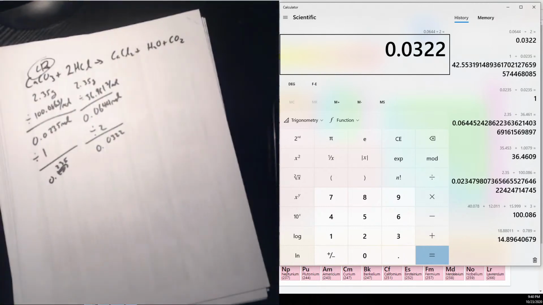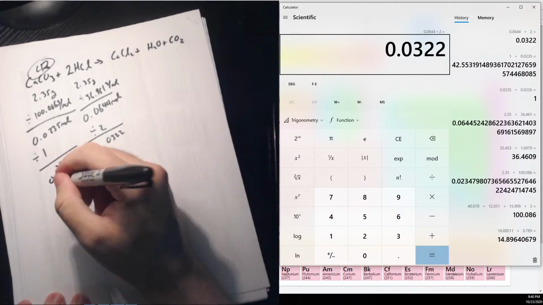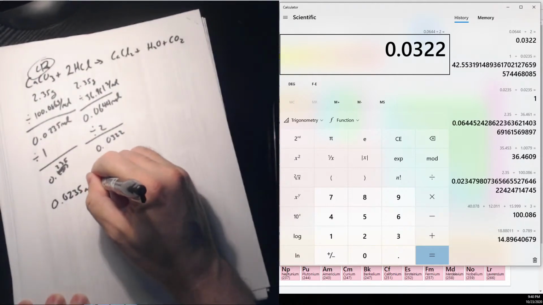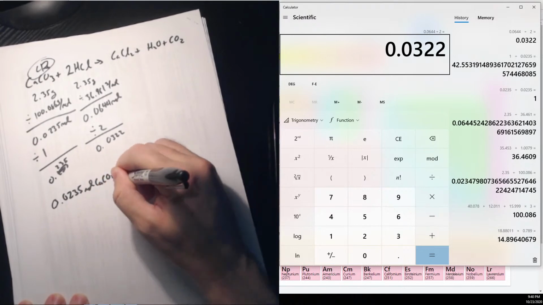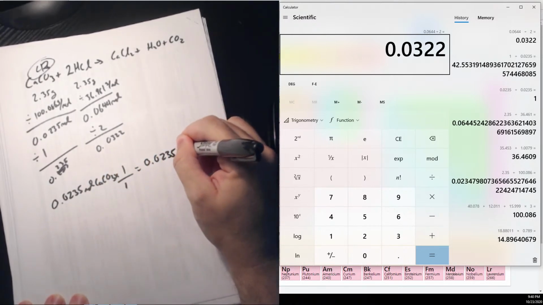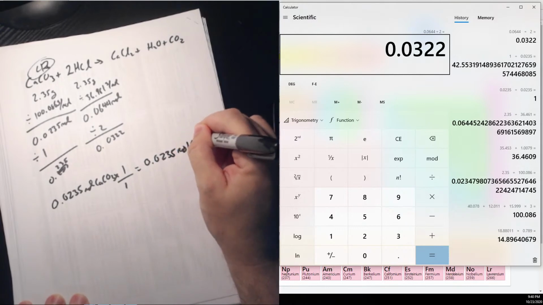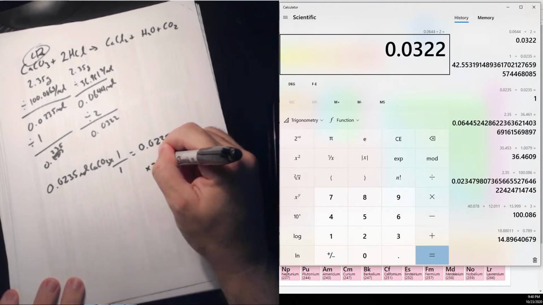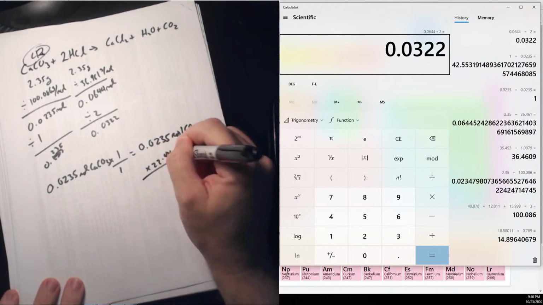All right, so we are making carbon dioxide. So 0.0235 moles of CaCO3 times 1 to 1 means 0.0235 moles of CO2. Oh man, my handwriting's crap tonight. So 1 mole is 22.4 liters.